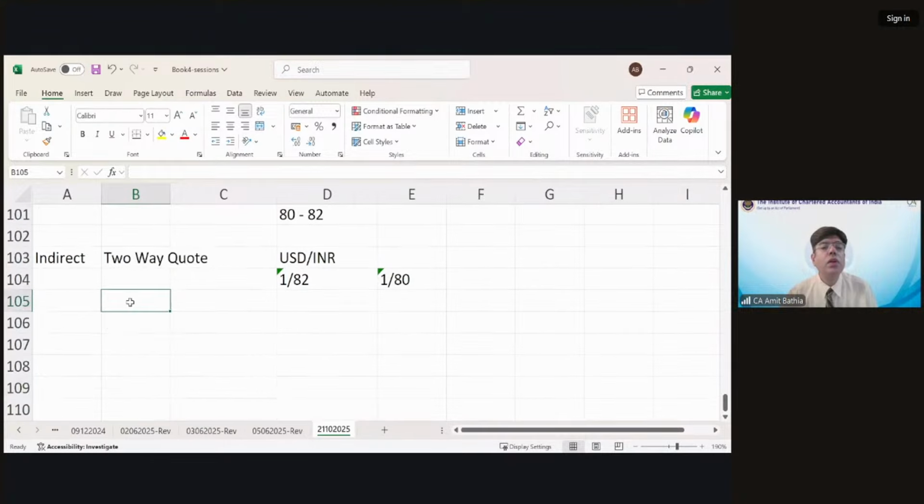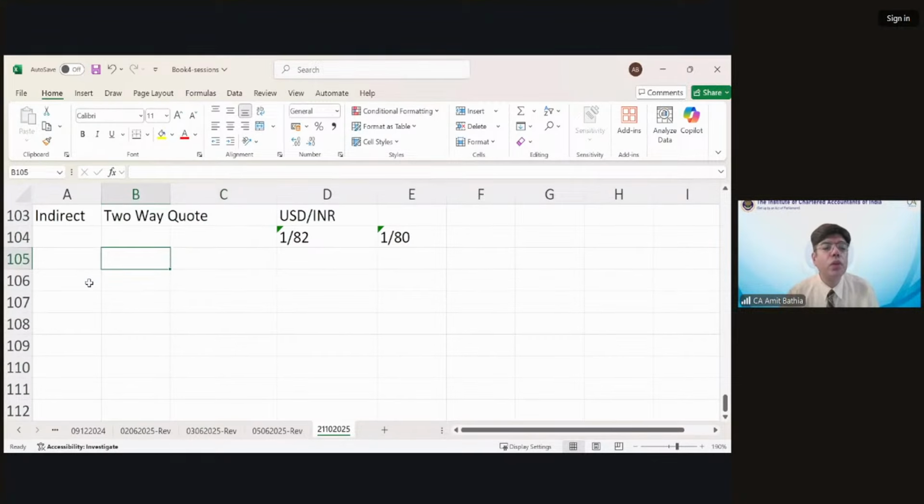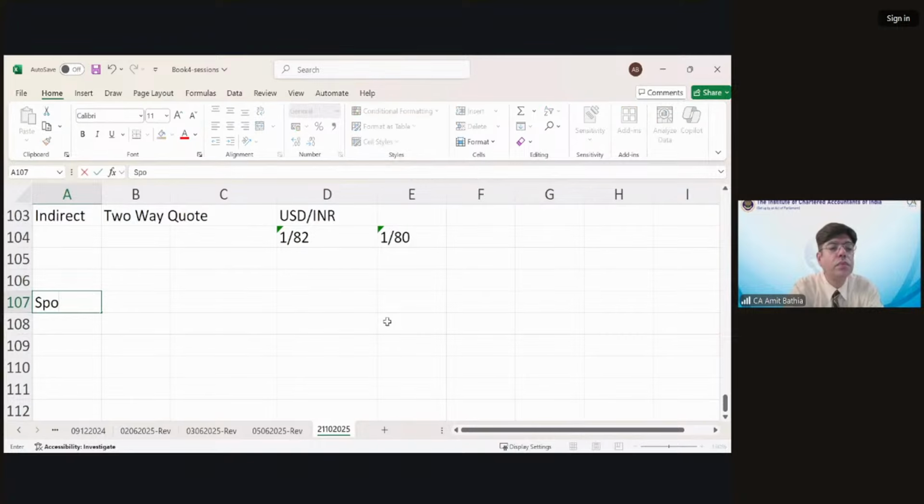Now, the next concept that we are going to start with is, what is the difference between spot rate and forward rate? So what do you mean by spot rate? Spot rate is the rate prevailing today, currently.